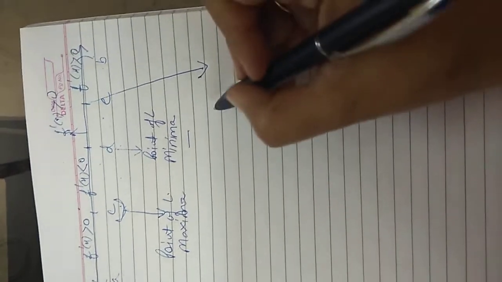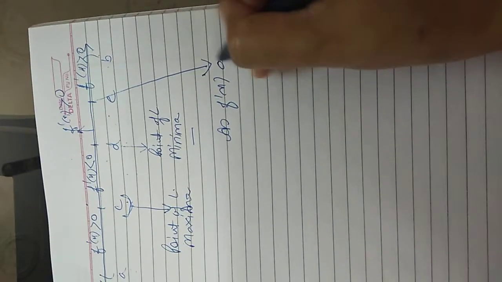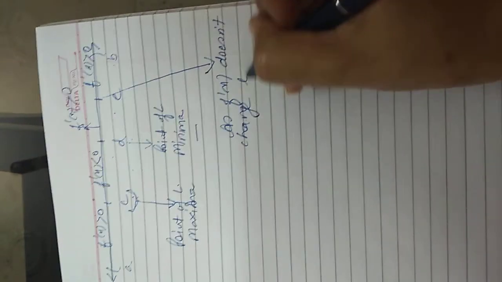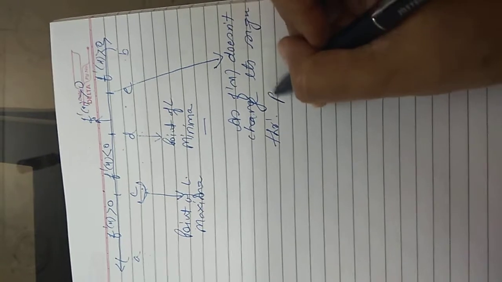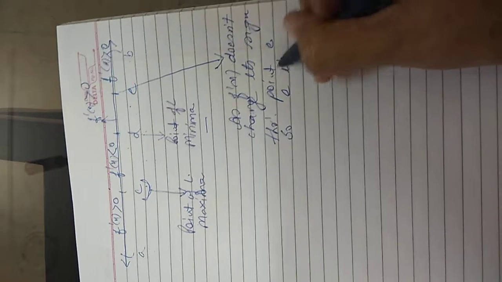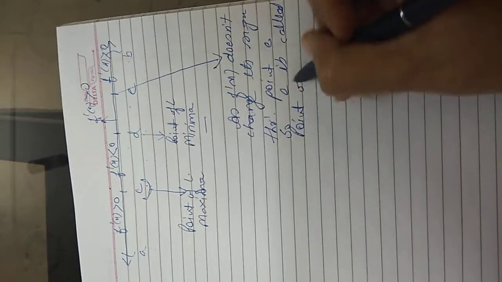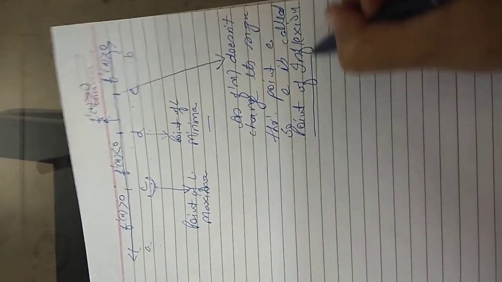If there is no change in sign of derivative before and after any particular point, we will say f dash x does not change its sign through the point e, so e is called the point of inflection, right?